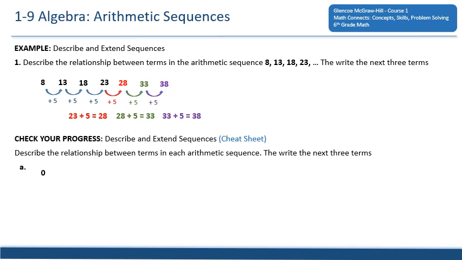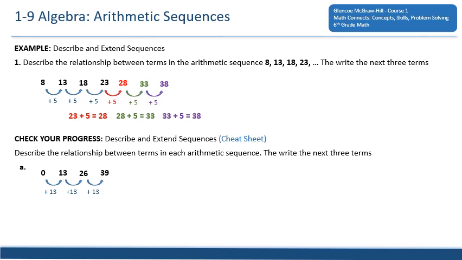So A is 0, 13, 26, and 39. So how do we get from 0 to 13? We're going to add 13. And then we're going to add 13 to get from 13 to 26.